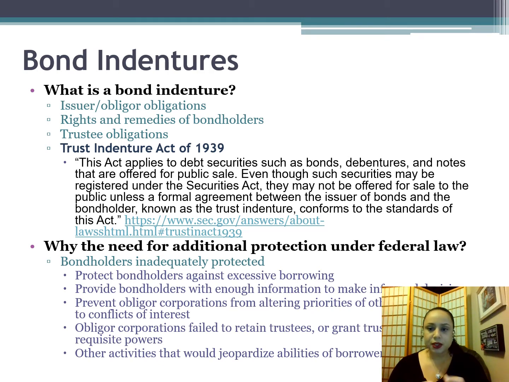It includes the obligations of the issuer. It includes the rights and remedies of the bondholders. It includes all of the various rights of the trustee. And we'll talk about some of these rights when we get to our cases. And I urge you to watch this lecture until the very end, because I also plan to go through in detail the Amazon example.